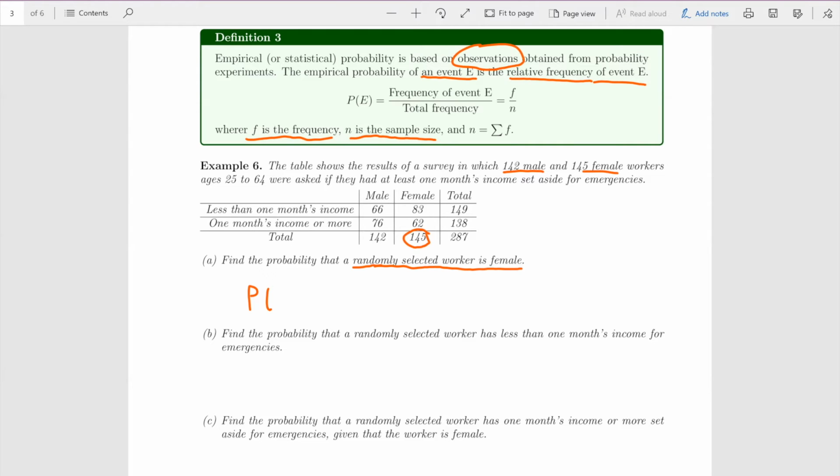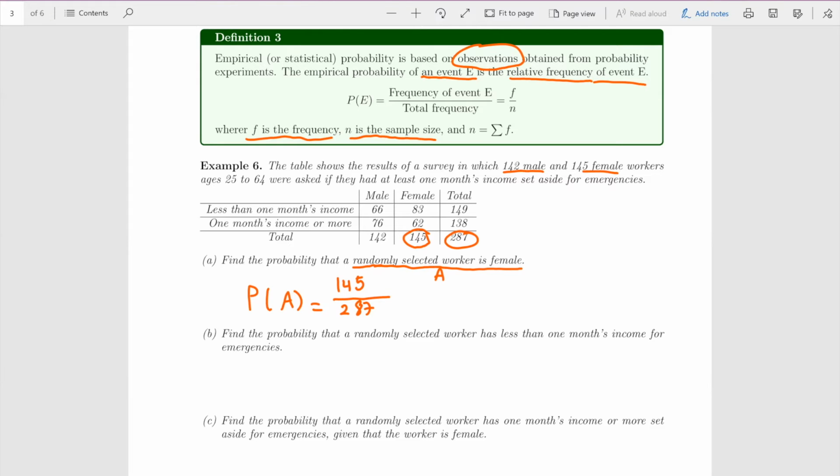I call this event A, equals the total outcomes of the event, which is female, divided by the total outcomes of the sample space. And the total outcomes of the sample space is 287.